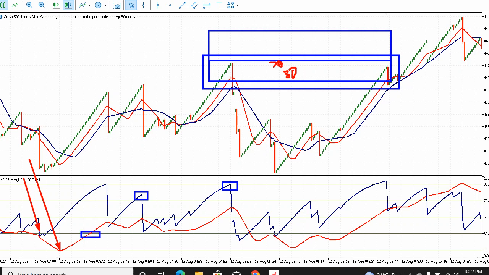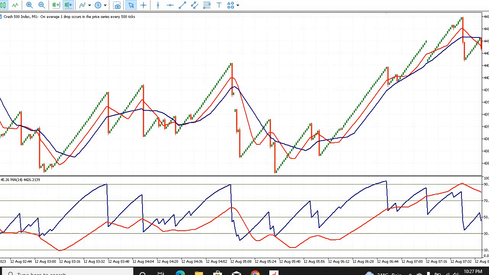So when you see that, don't think that you are in the wrong place. So follow this rule. Allow the market to touch the red line first, the 10 level. If it is on Boom, make sure that the red line touches the 90 level. That is number 1 rule.